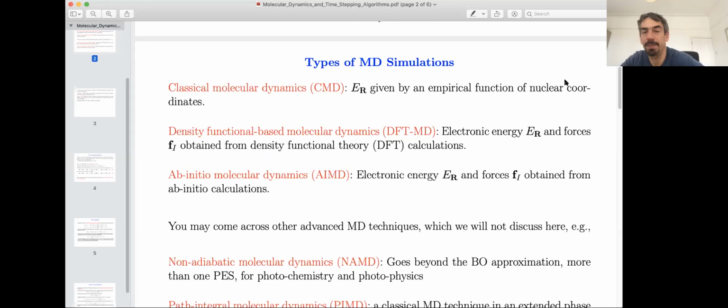So almost instantly, without much computation, you have the forces on your nuclei. Whereas if you use density functional theory to get the forces, then obviously at each step you have to do one DFT calculation, which of course takes a lot of time, as you probably know.